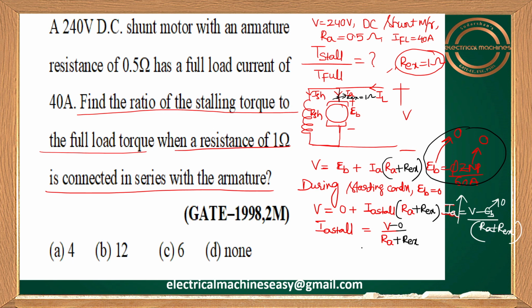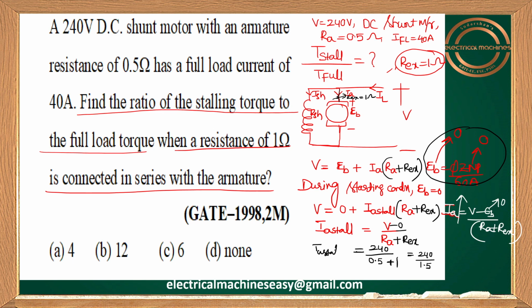He has given V as 240 volts, and the armature resistance as 0.5, plus REX as 1. So this is nothing but 240 by 1.5, which is the value of your IA star.